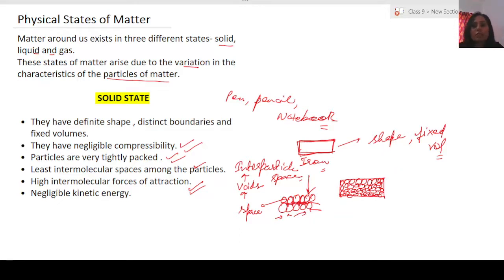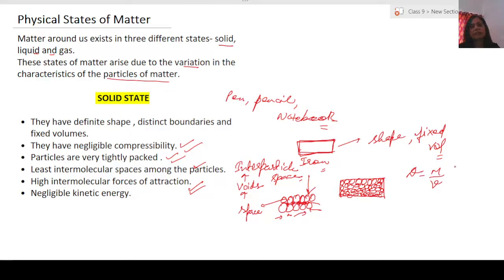Now the density, what is it? Density, if we go by definition, is mass per unit volume. That is how closely they are packed. So the density formula is mass upon volume, right?